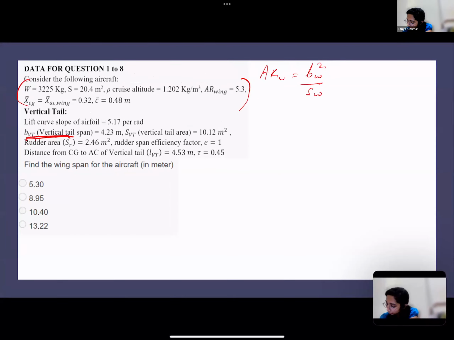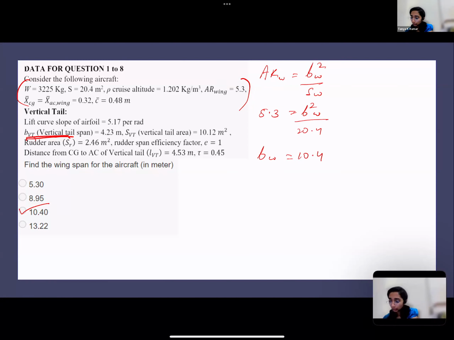So aspect ratio of the wing is given as 5.3 and B square wing by S wing, it is 20.4. From here you can find your B wing, which is I'm getting something around 10.4. Let me know if I'm going wrong, but I've got 10.4, okay?